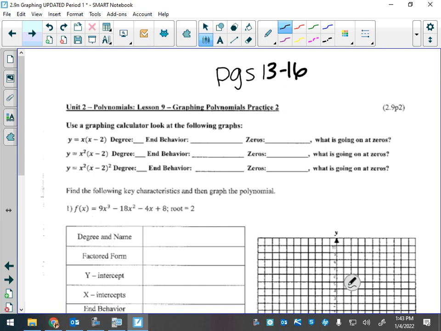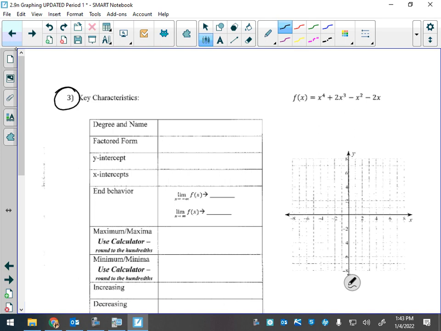So you're going to start with 3 and 4 in class. Then your homework is the 2.9 practice 2, starting on pages 13 through 16. All right? Let me get started on that.